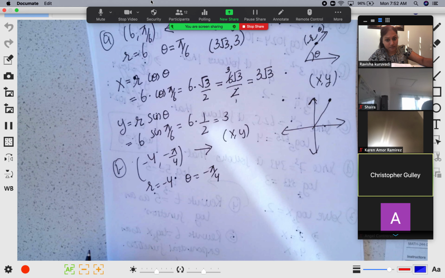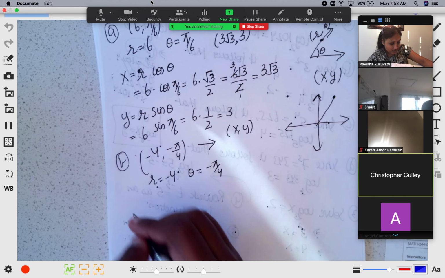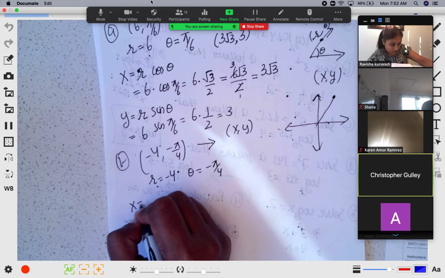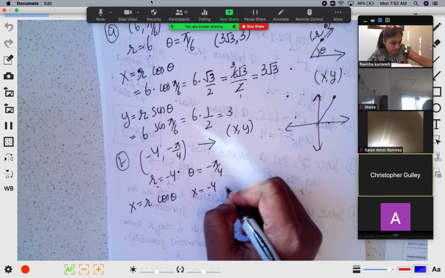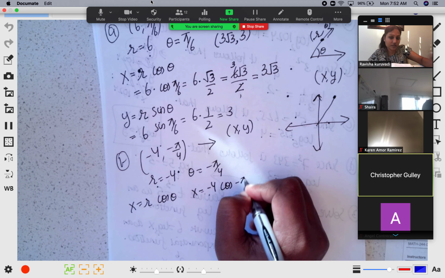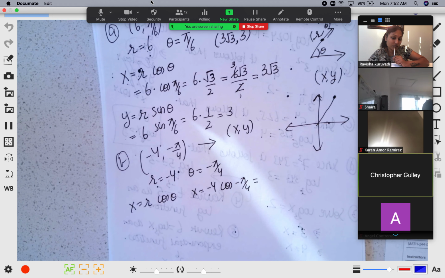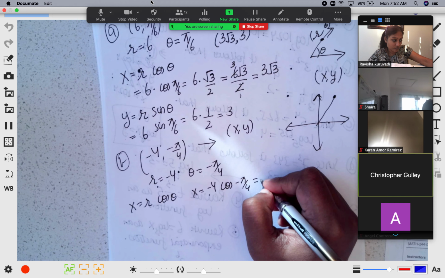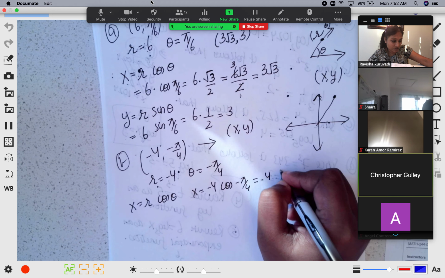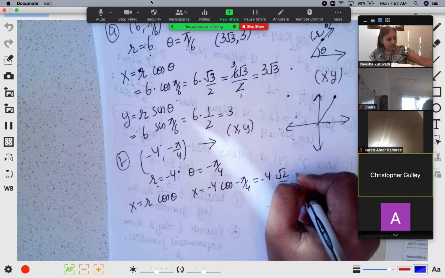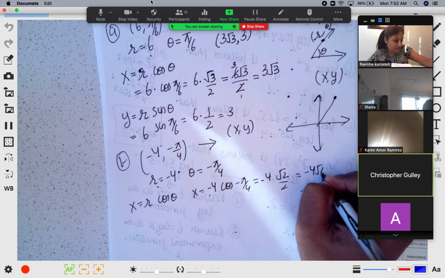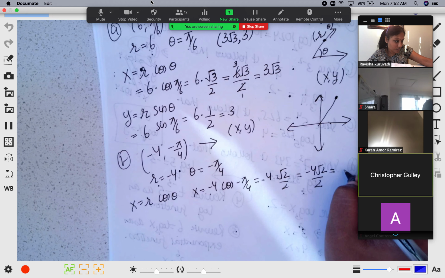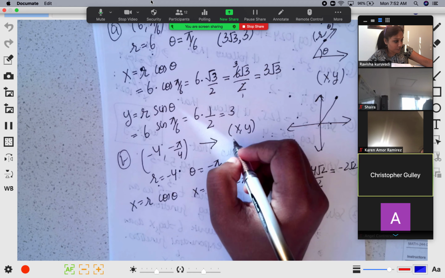X is r cosine theta, so it's -4 cosine of -pi over 4. The cosine is root 2 over 2, so it's -4 times root 2 over 2, which is -2 root 2. So you found your x as -2 root 2.